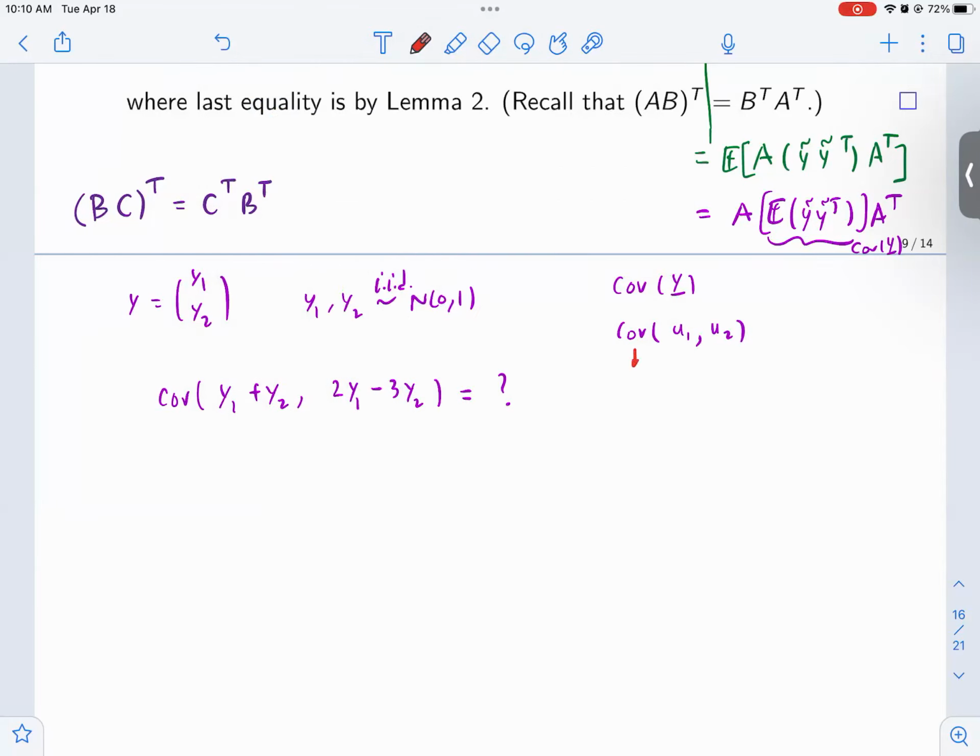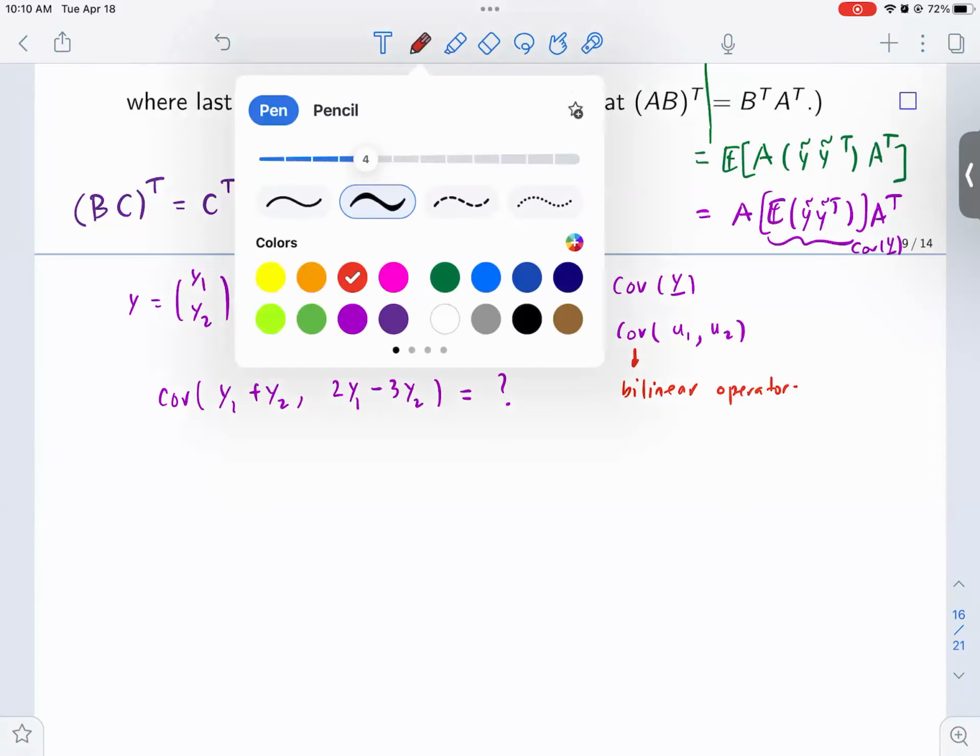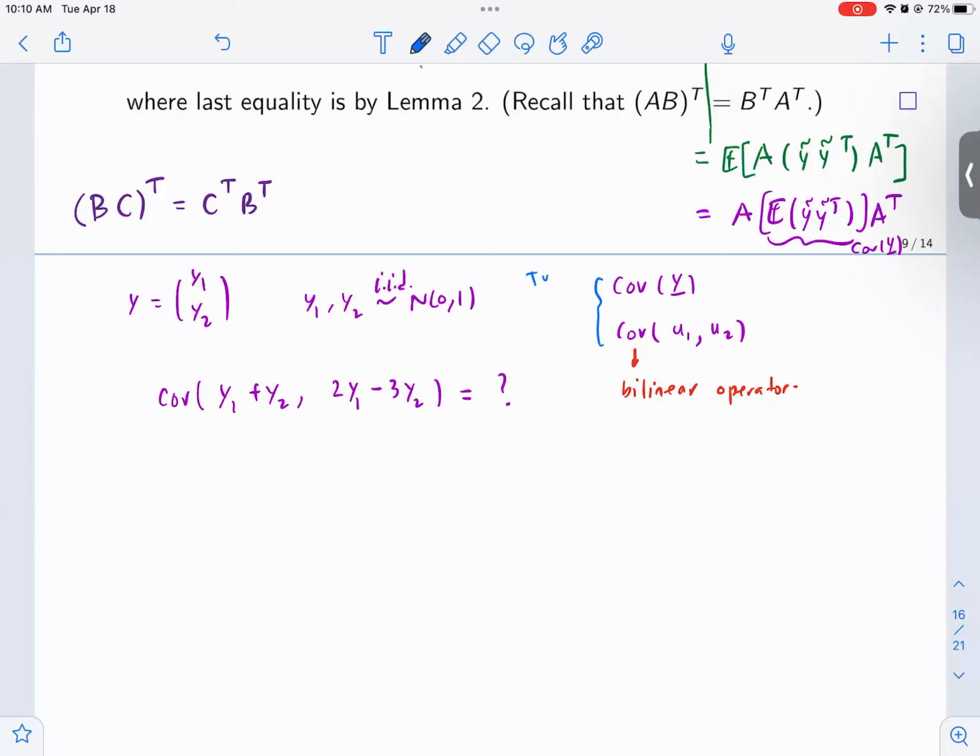A bilinear operator. Two notations: this is the covariance matrix of the vector y, and this is the covariance of two scalar variables.